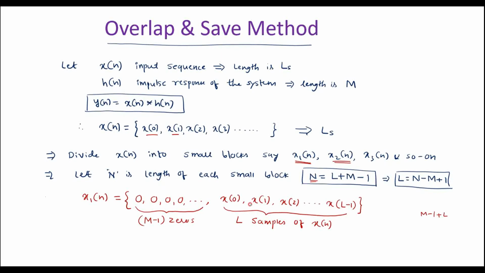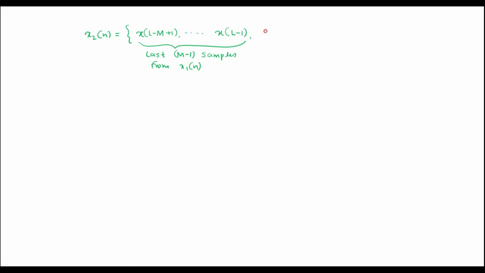So here we can see that L minus 1 samples of x of n we have already taken. Now the remaining, that is the next L samples of x of n, are to be considered, which we are supposed to use in the next block. That is, this block is followed by x of L, x of L plus 1 and so on till x of 2L minus 1.